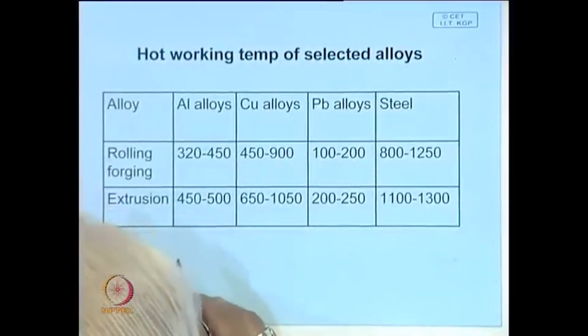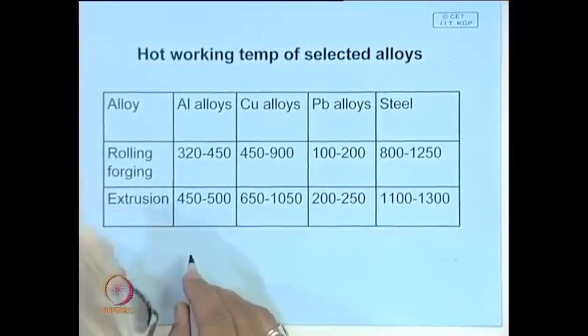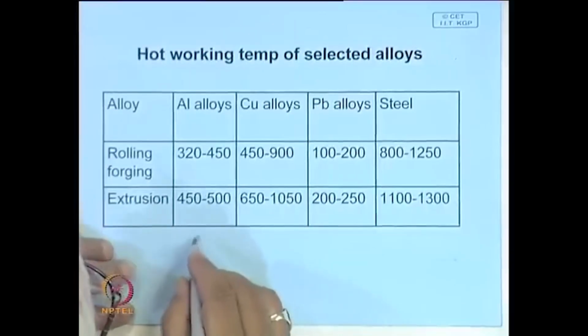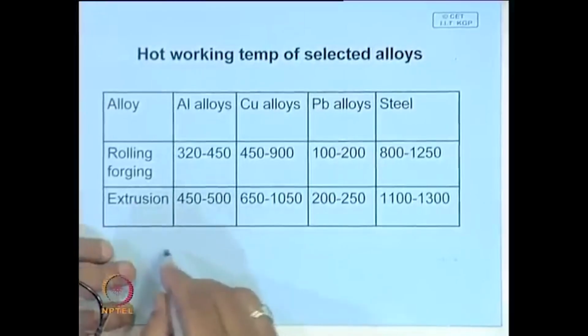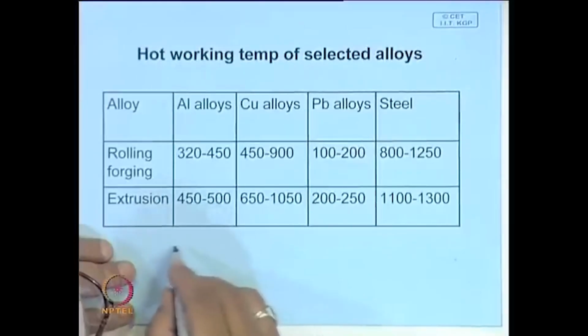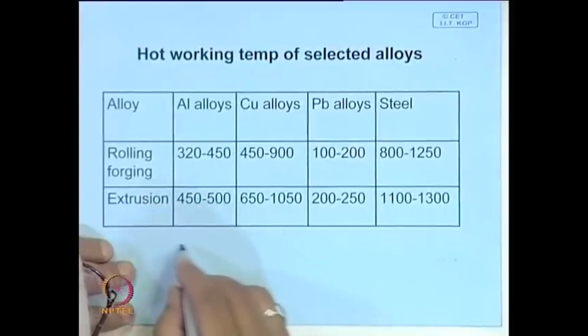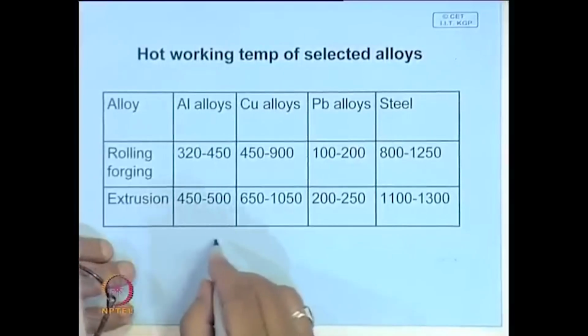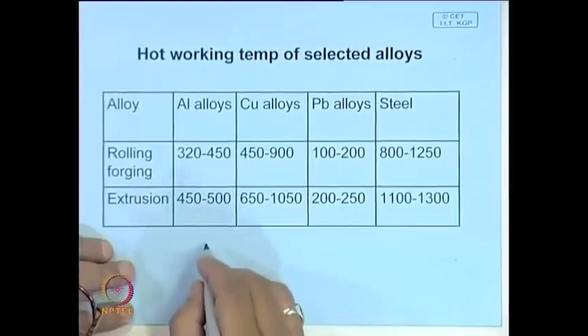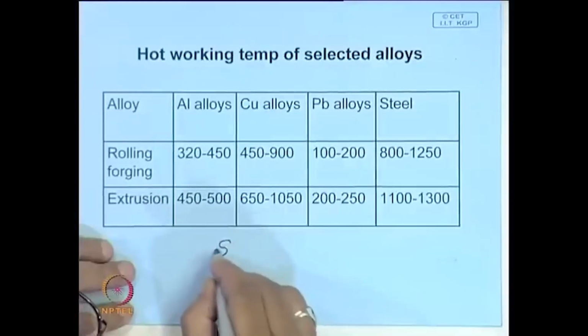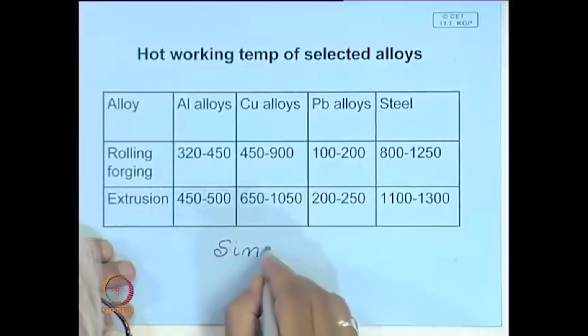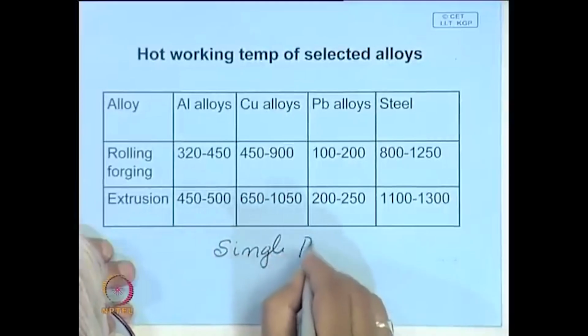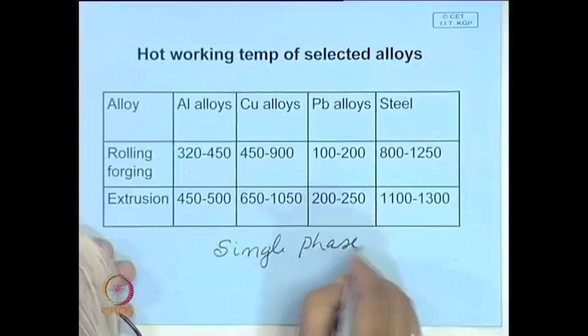Another important thing which comes up during hot rolling is that material ductility often is determined by its microstructure. It is easier to give higher deformation if the material is single phase. Single phase material is more ductile.